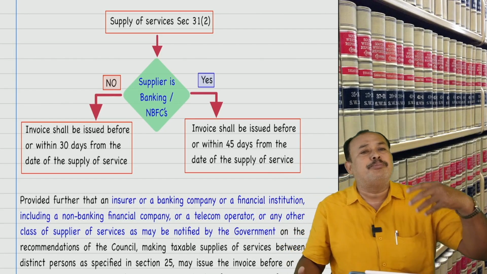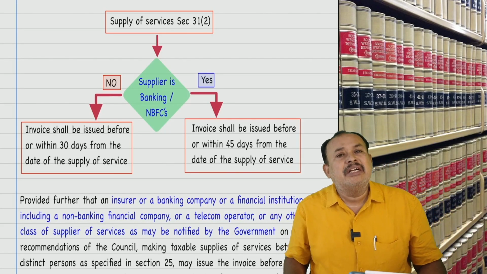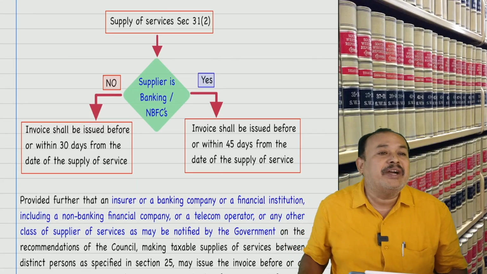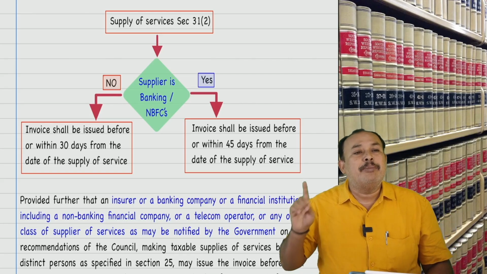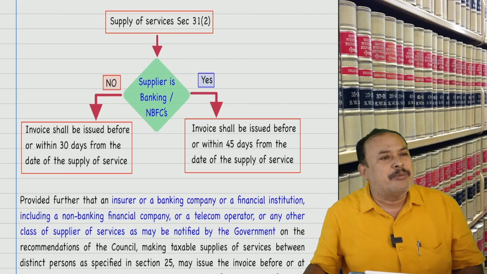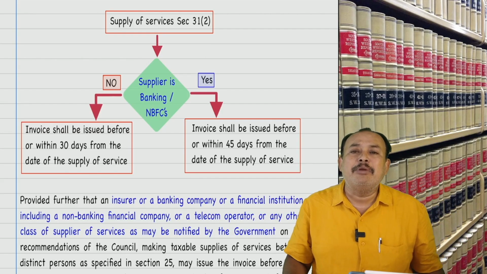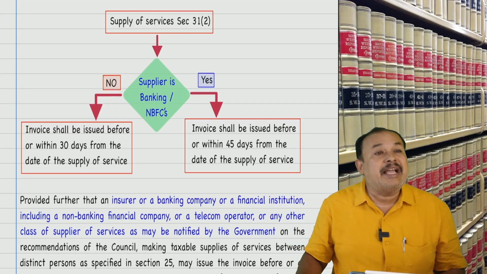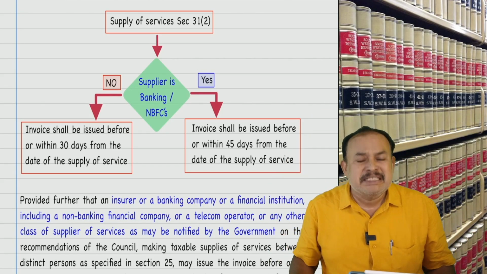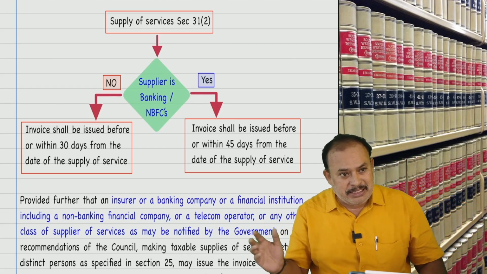Sir, in case of banking companies and NBFCs, the 30 days time period is extended to 45 days. Namely, a banking company, financial institution, NBFC, or a mutual fund company, for example, that provides services and issues invoices has a time limit of 45 days from the date of the completion of supply of service. If so, that invoice date is relevant for our time of supply. Already we covered that. Got the clarity, my dear friends?